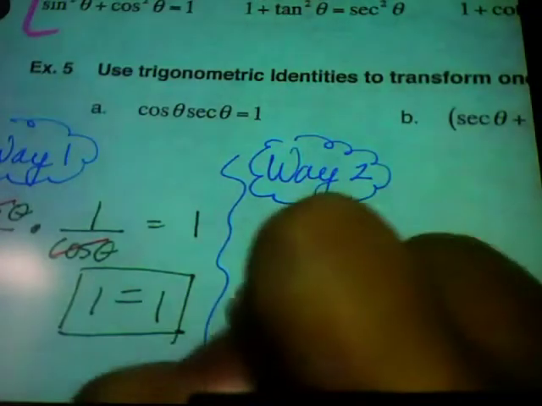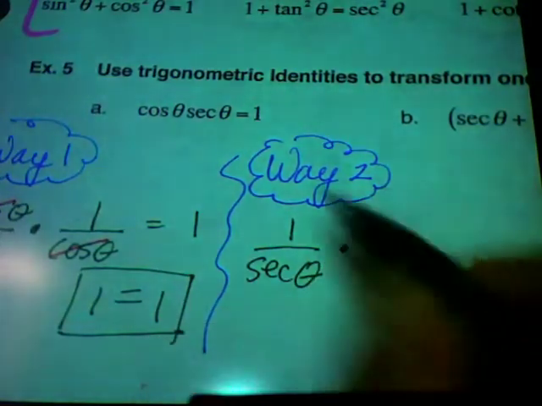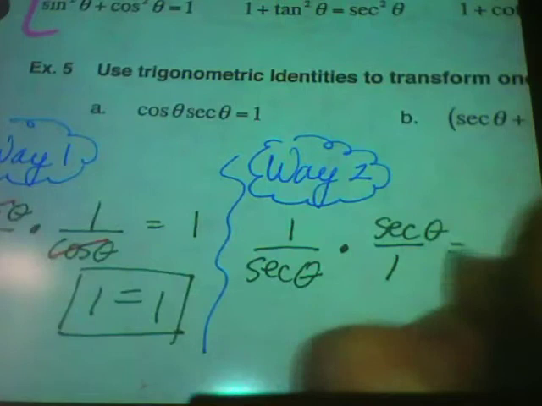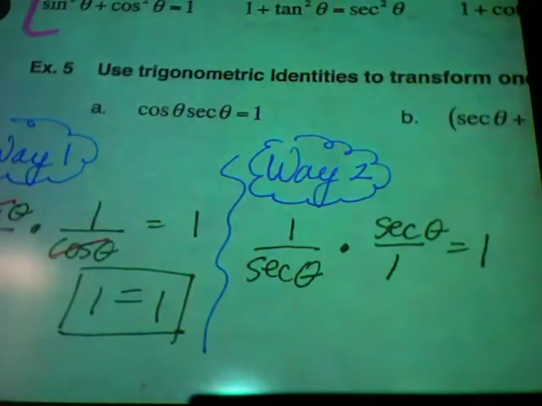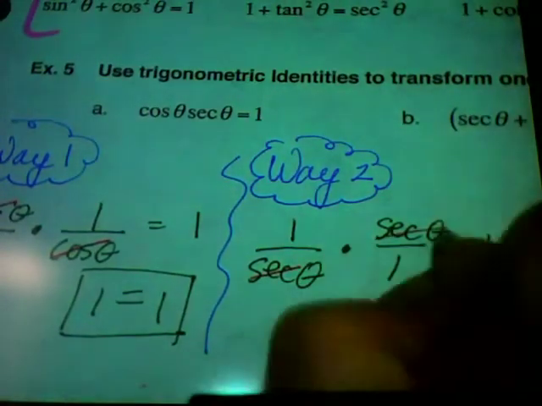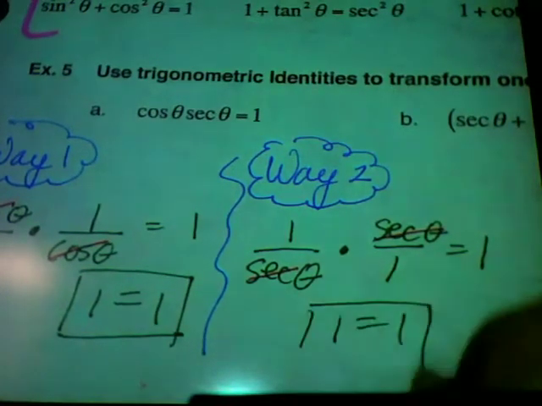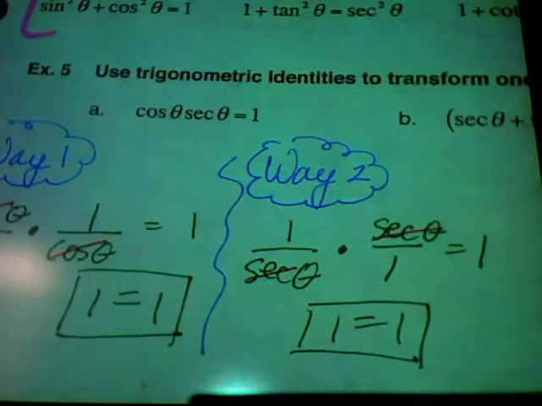So 1 over secant of theta times, I'm going to leave secant alone, secant of theta over 1 equals 1. What was the purpose of that? So my secants can cancel out, right? What do I have left on the left? 1 equals 1. My goal was to get 1 equals 1. So that's your very simplified form.